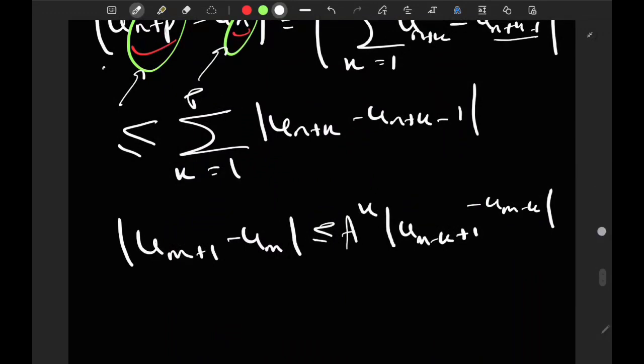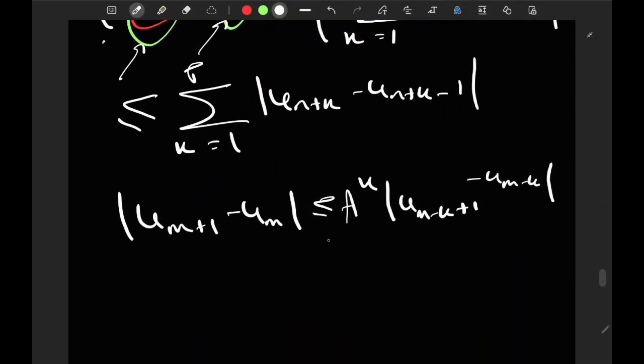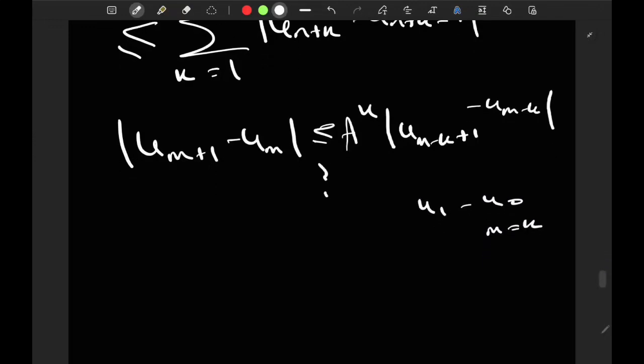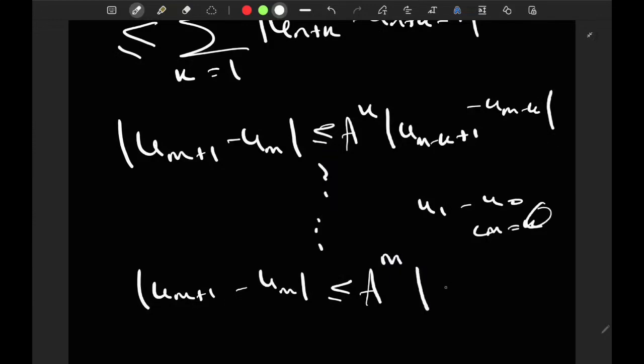Let me keep doing this until I reach a point where I have u_1 minus u_0. So I would want m to be equal to k. If you keep doing this, you get |u_{m+1} minus u_m| less than or equal to a to the power m times |u_1 minus u_0|. So this is the ultimate formula that I have.